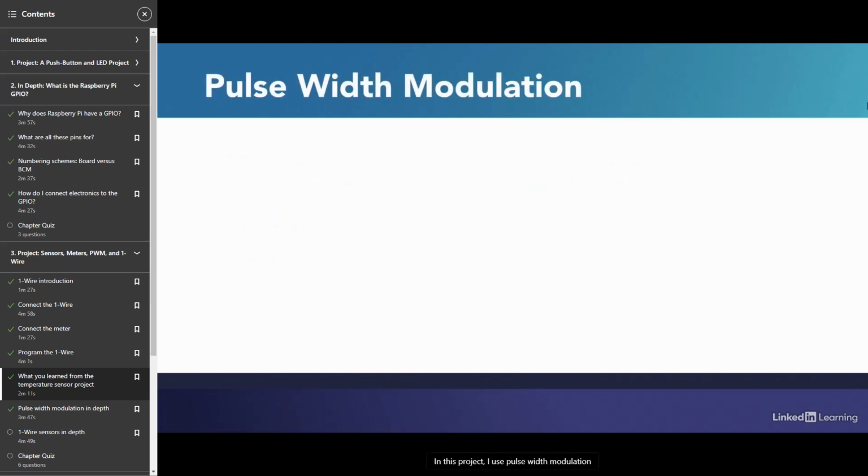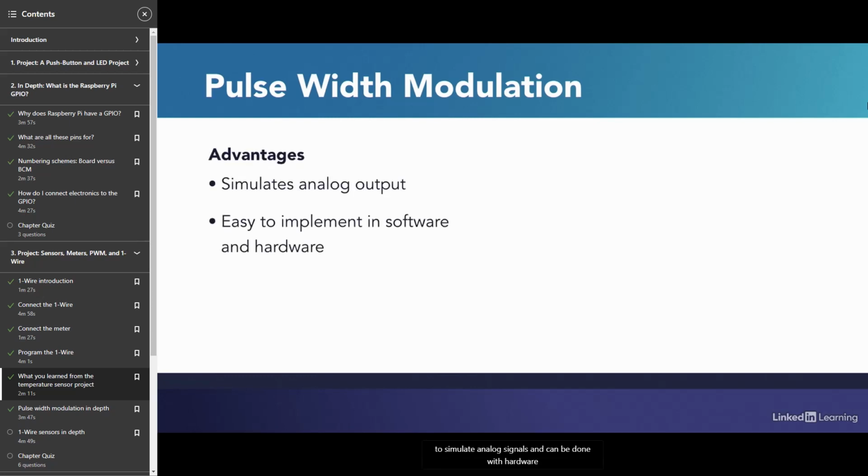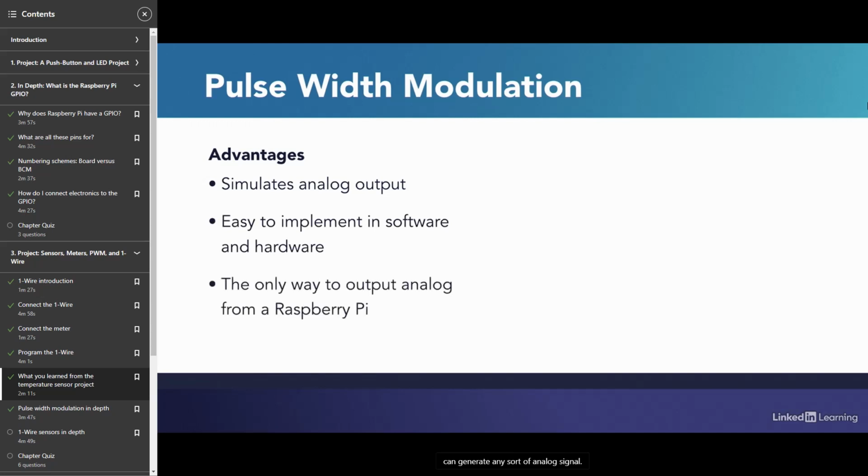In this project, I use pulse width modulation to control the meter. Pulse width modulation is an easy way to simulate analog signals and can be done with hardware or software, and is the only way the Raspberry Pi can generate any sort of analog signal. On the downside, pulse width modulation isn't really an analog signal.